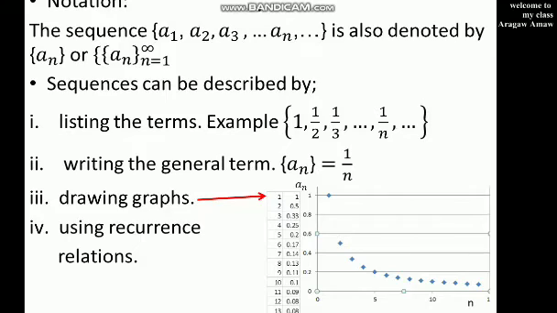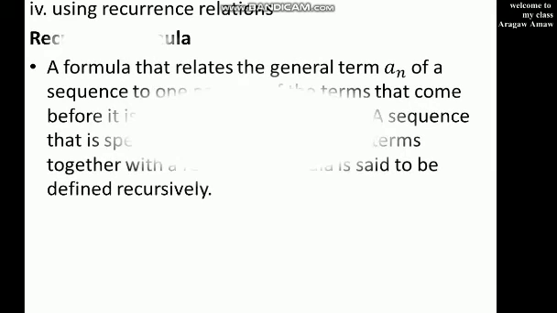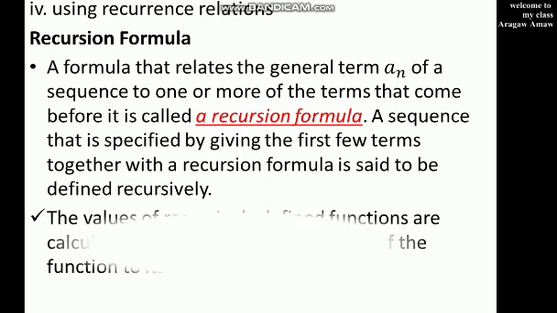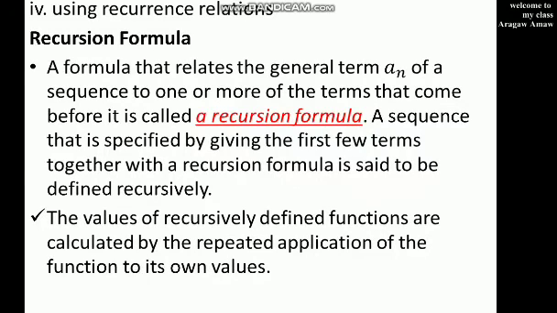And the last one, using recurrence relations. What is a recursion formula? The formula that relates the general term an of a sequence to one or more of the terms that came before is called a recursion formula.